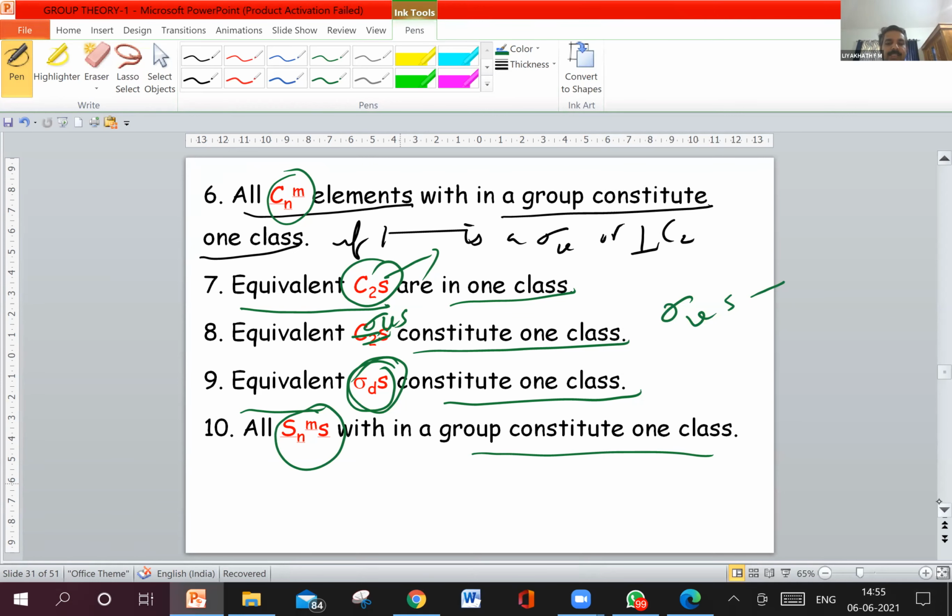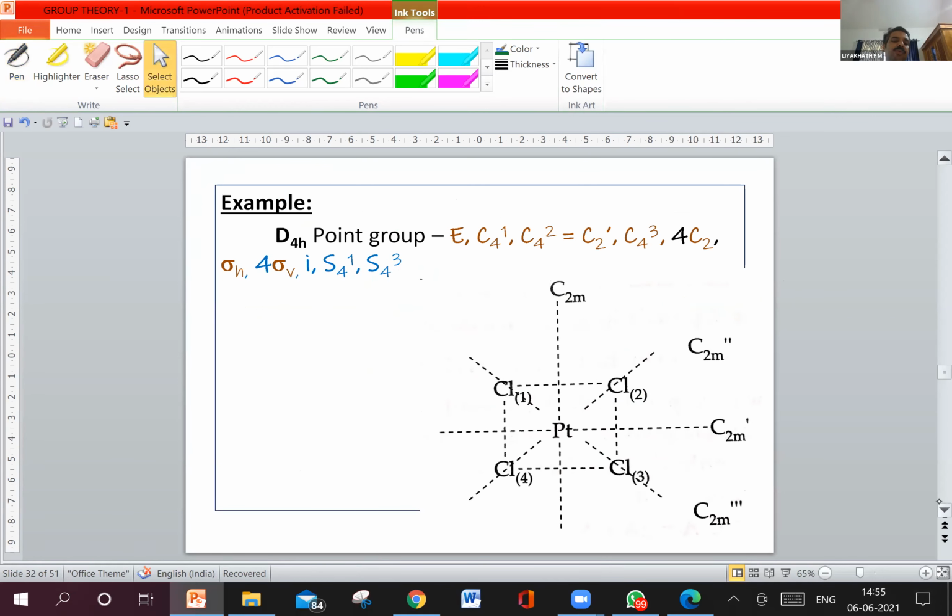We can take an example. Consider the D4h point group. The elements in the D4h point group are E, C4^1, C4^2, and C4^3. C4^2 is actually C2, which I'm denoting as C2 dash. If there is a C4 axis, then the elements that can be derived from it are C4^2 and C4^3.